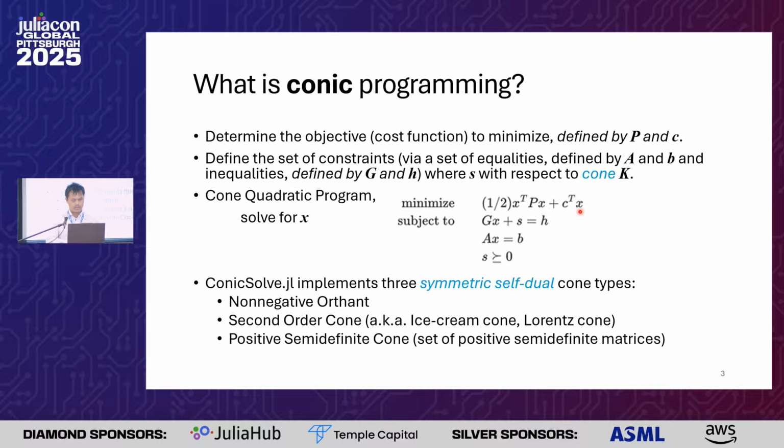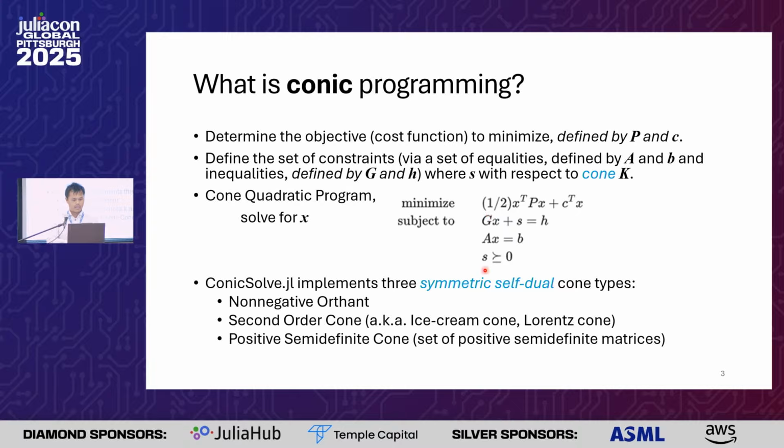C is what encodes the objective function. We've got G, where the inequality constraints are given, and A gives the equality constraints. Then we've got these other vectors, H and B, that go together with these constraints. This S is just an internal primal variable that's used by the solver.